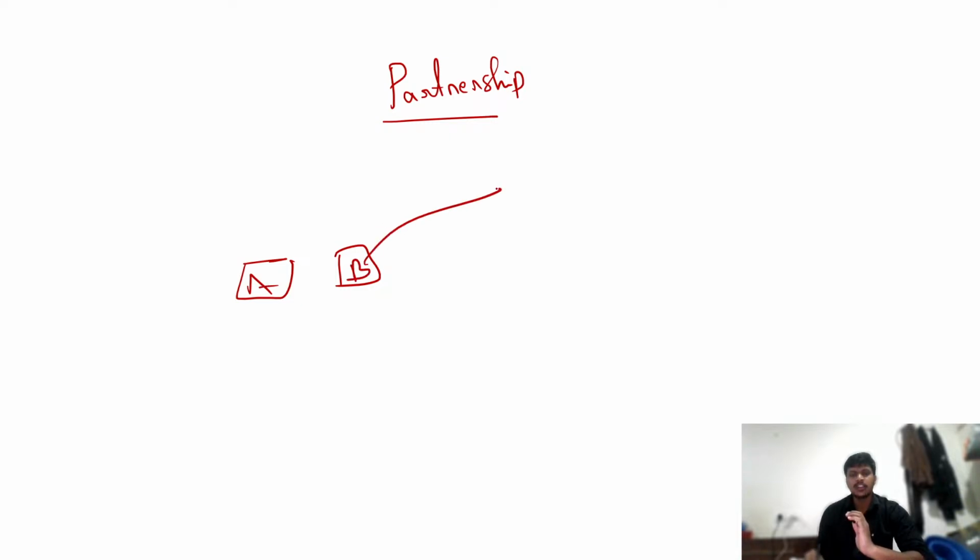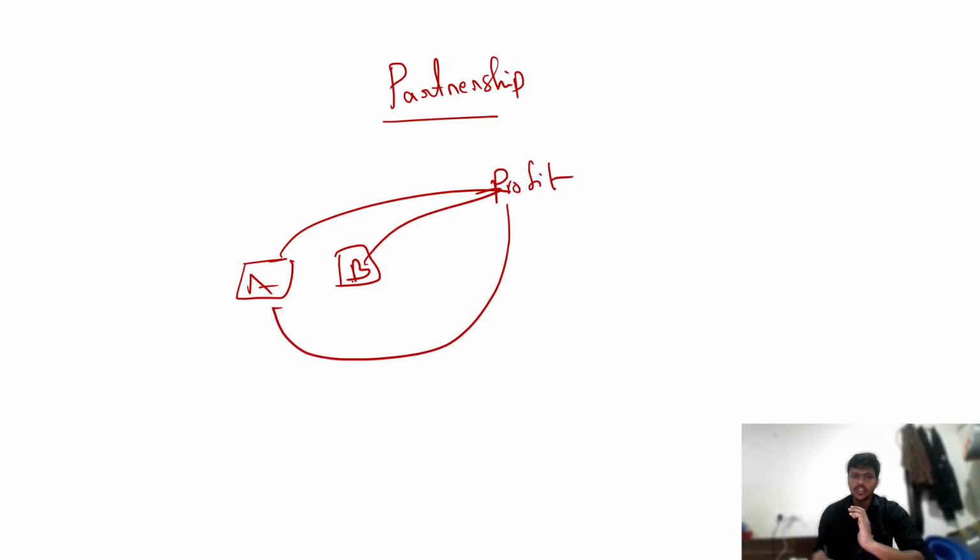At the end of the year or at the end of 2 years or 3 years, they are going to get some profit. You just need to find out how you are going to divide the profit to each person. That's it. First I will explain the entire topic in the next 15 to 20 minutes. Then we will directly solve the problems one by one.